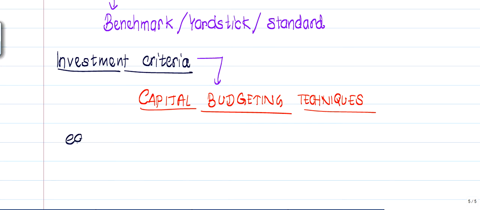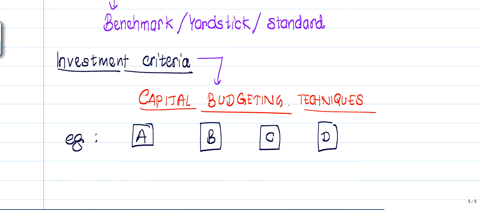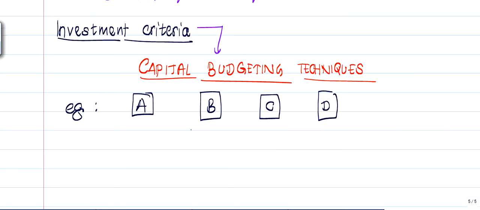For example, you may have project A, project B, project C, project D, out of which you will select, whether you select A, B, C, or D.